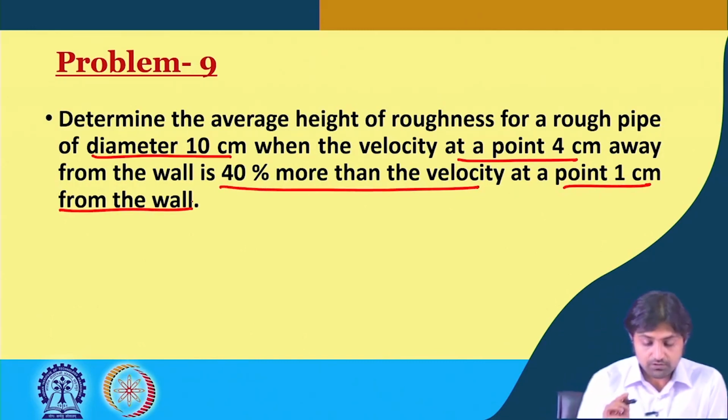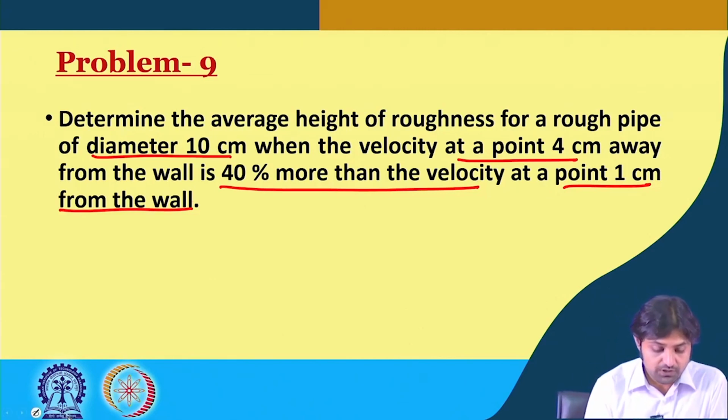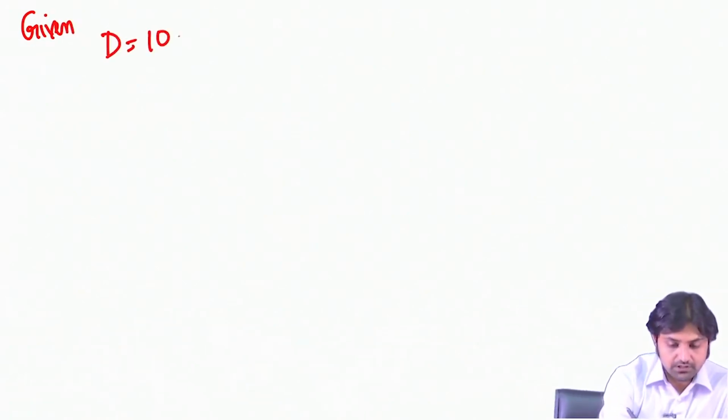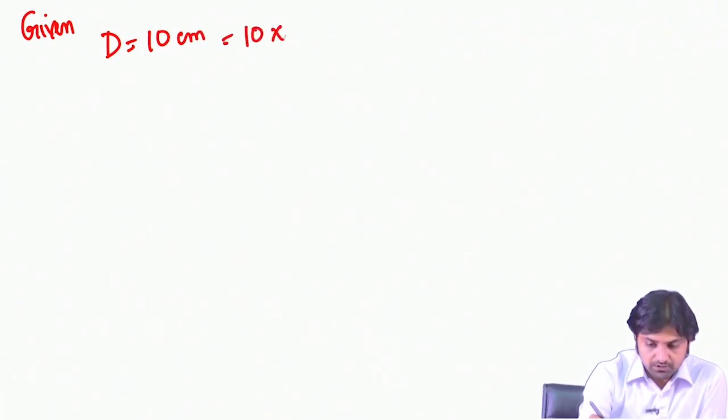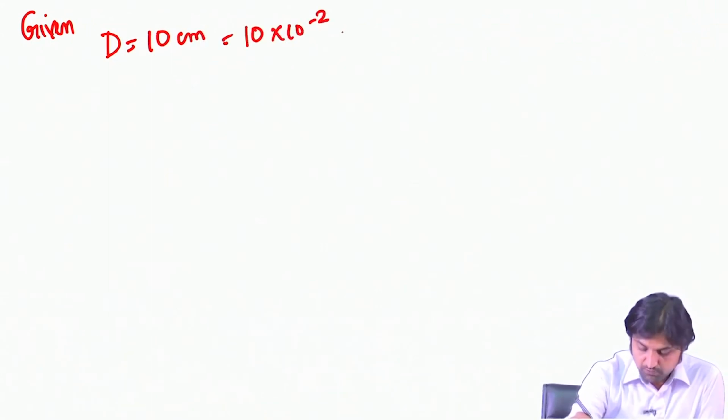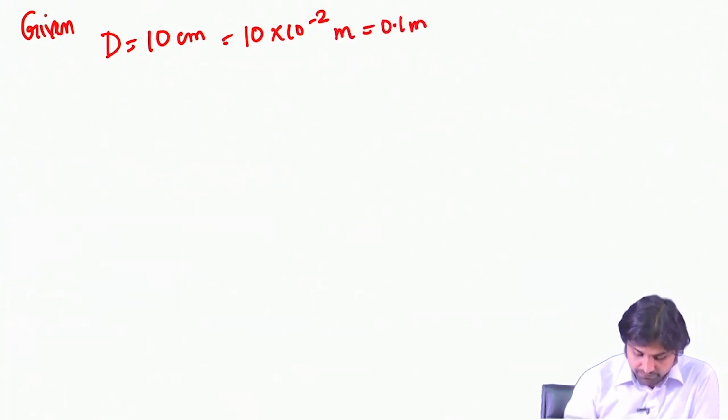So what we are going to do, we are going to assume our white screen back again and start solving by writing down what is given. Given is d equal to 10 centimeters, or 10 into 10 to the power minus 2 meters, or 0.1 meter.